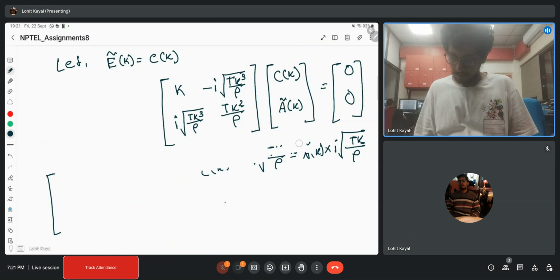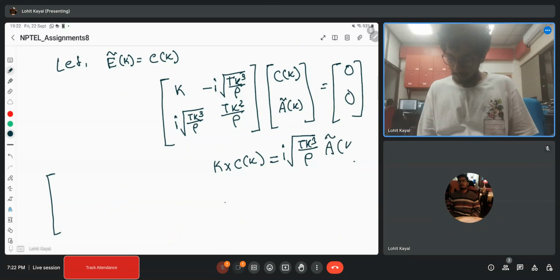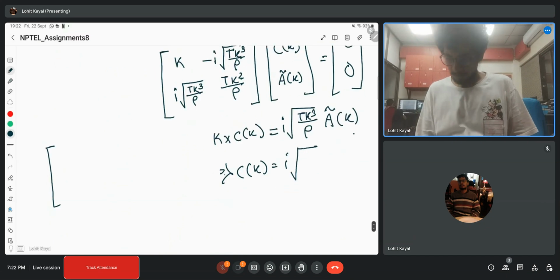No, let's just do it like this. From the first equation we have k into c k equal to i square root of T k cubed by rho a tilde of k. This implies c k equal to i square root of Tk by rho a tilde of k.